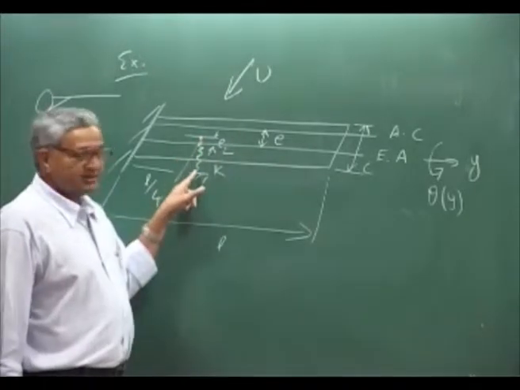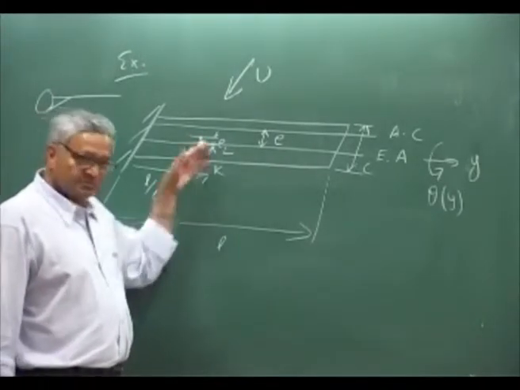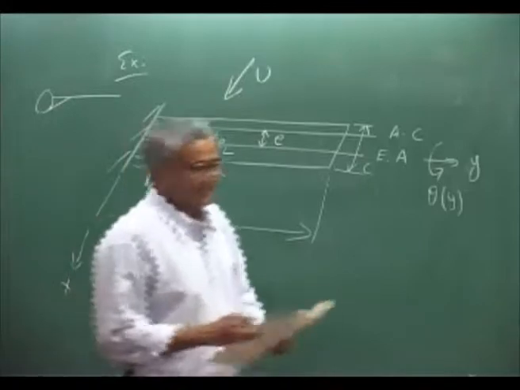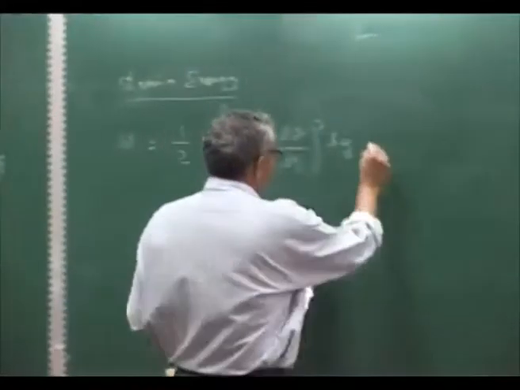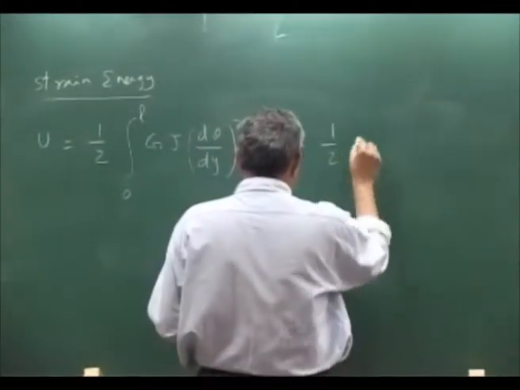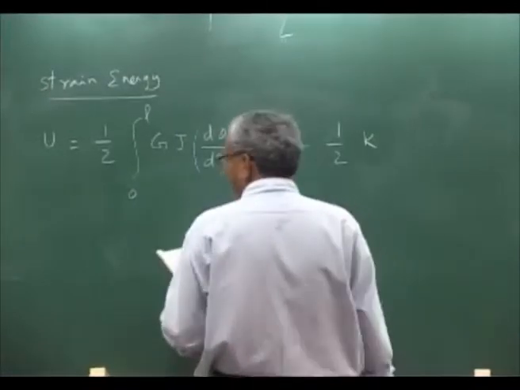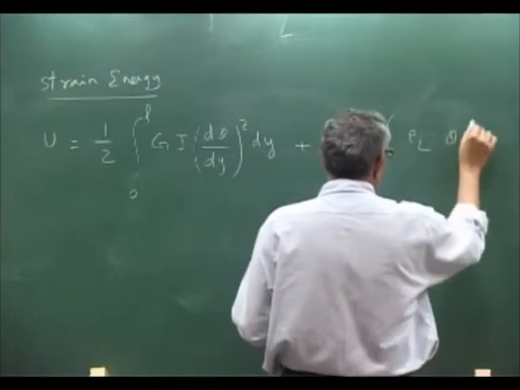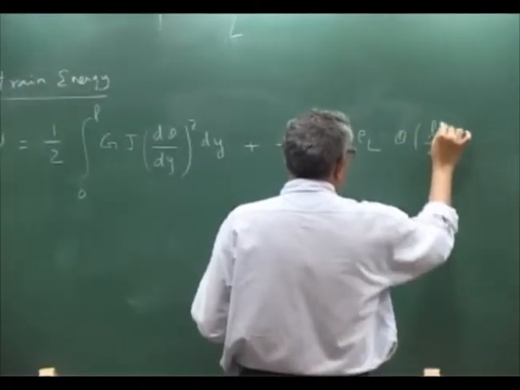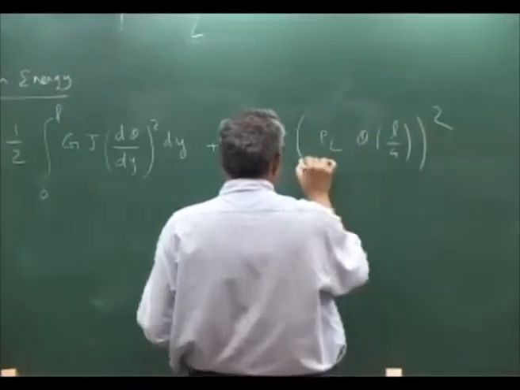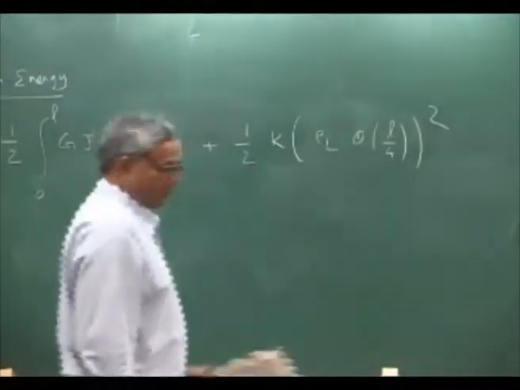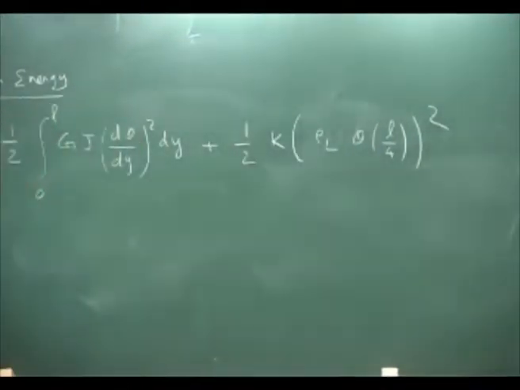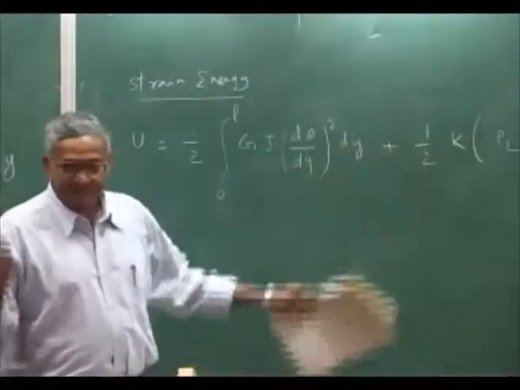And then strain energy half K into the deflection squared. So you will add the strain energy plus half K linear spring into EL theta at L over 4, whereas this is an integral over 0 to L, that is a point function.